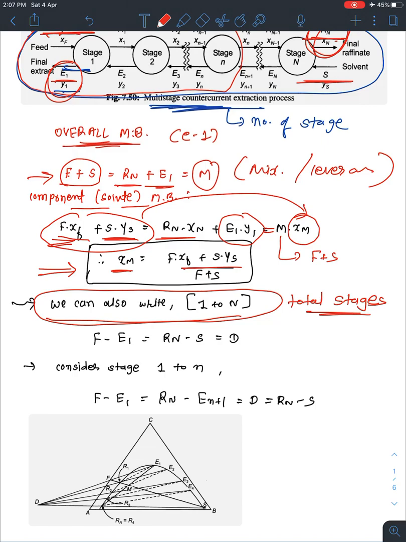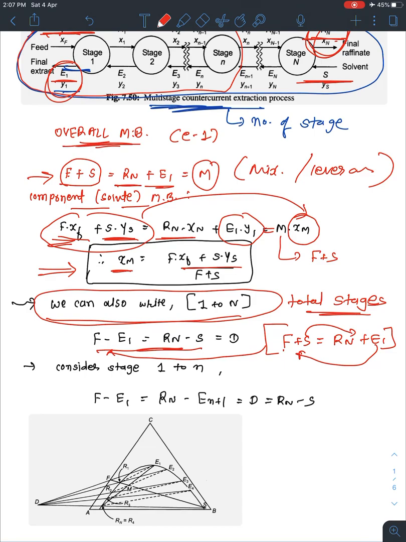Here I can also write the overall material balance, F plus S equal to Rn plus E1. But from that equation I can also write F minus E1 equal to Rn minus S, which is completely mathematical.